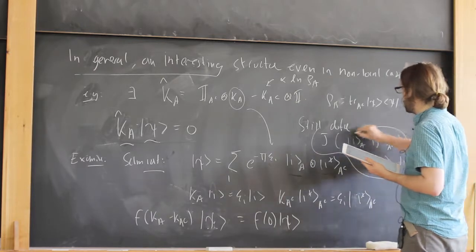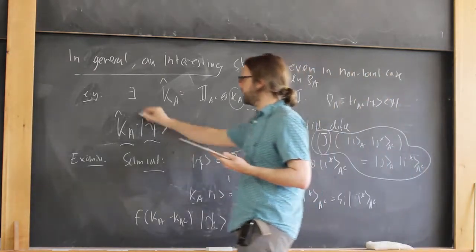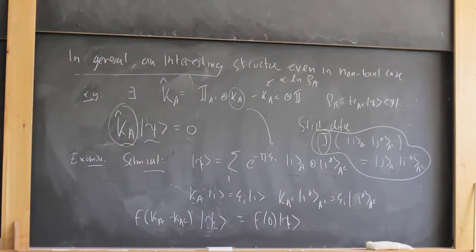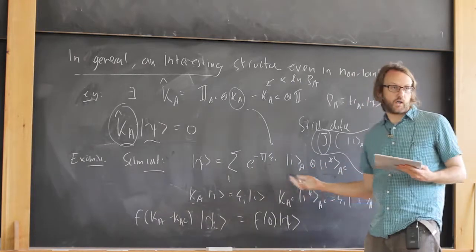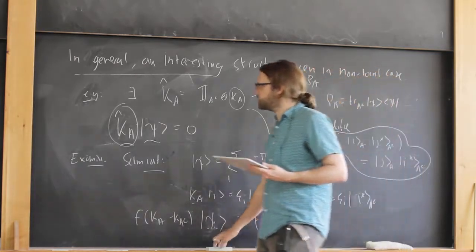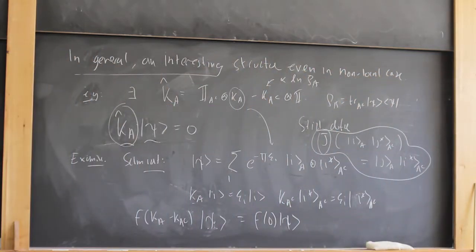So we still have these two operators, J and K, and they form an interesting structure. Now, I've given this discussion in terms of tensor products and so forth, but actually it's possible to define these things without reference to a tensor product.